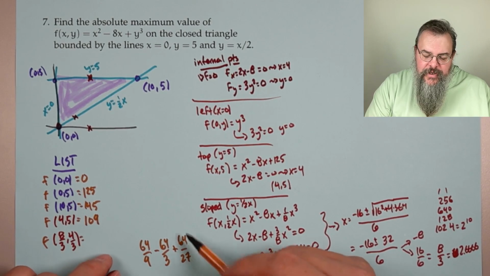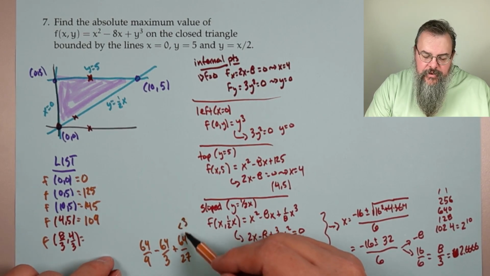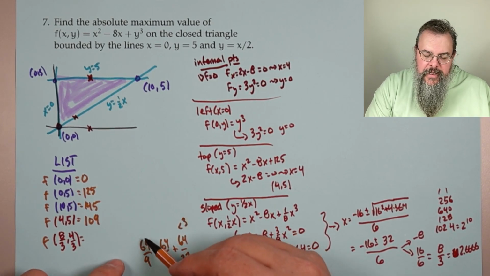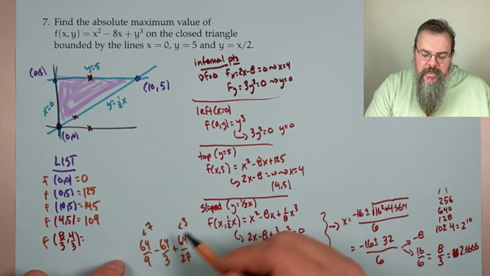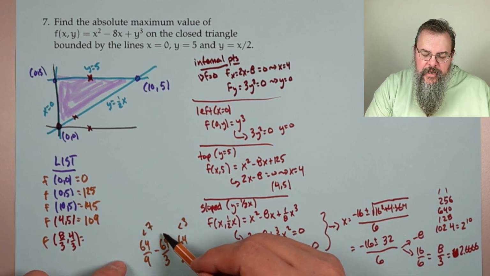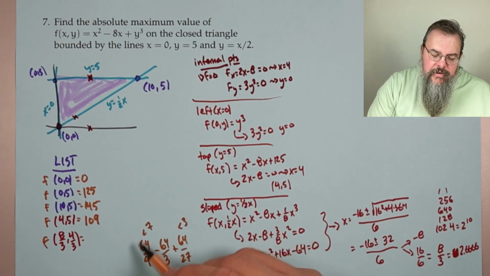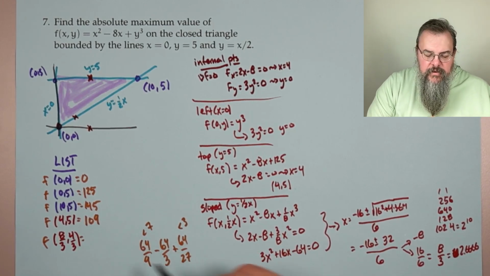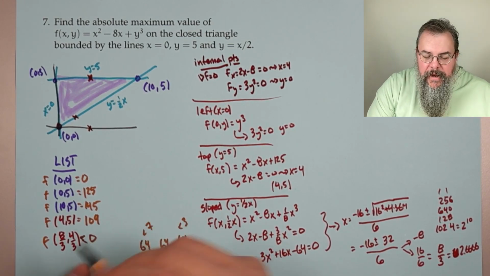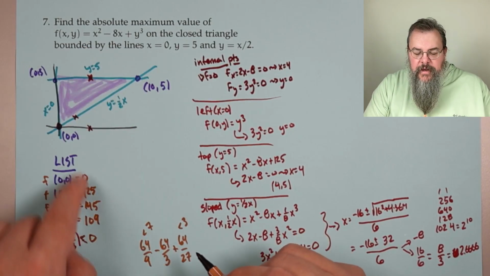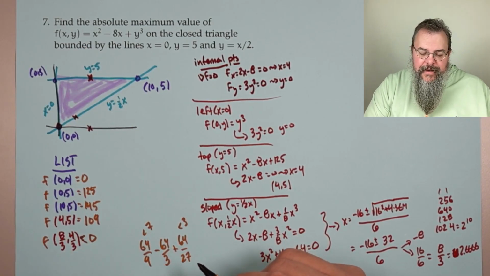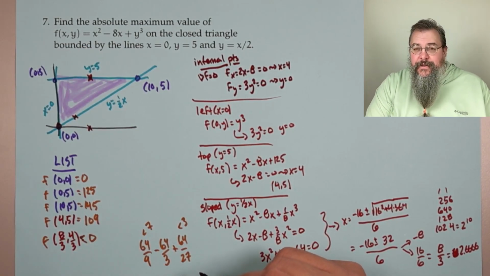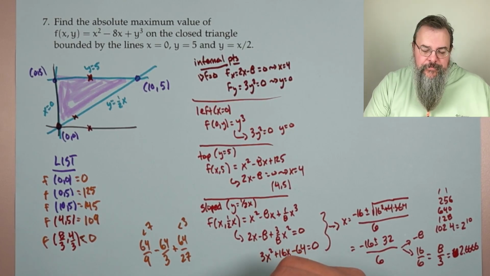Right? 64 over 27, that's smaller than 3. 64 over 9, well, that's smaller than 7. And 64 over 3, that's about 20. This is a fairly negative number, and so we can say, look, this is less than 0, but we're after the max, and we just need enough to know if it can be a candidate. So I don't need to know the exact value, I just need to know enough to rule it out.